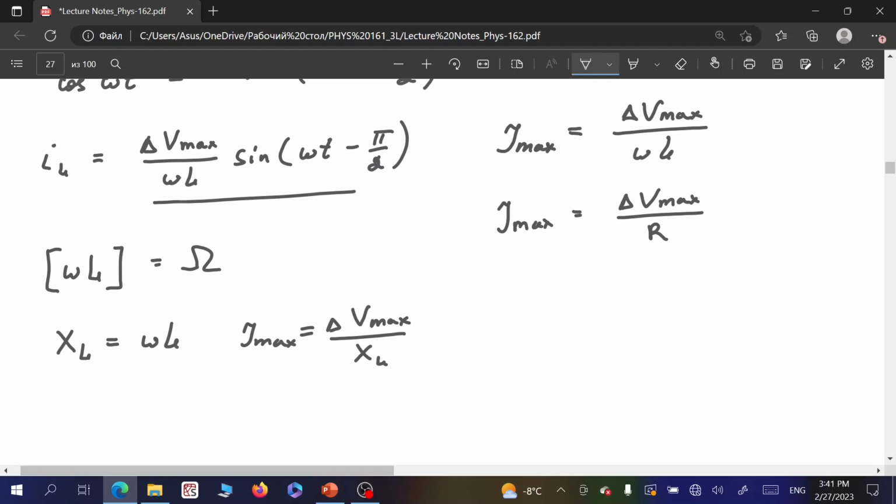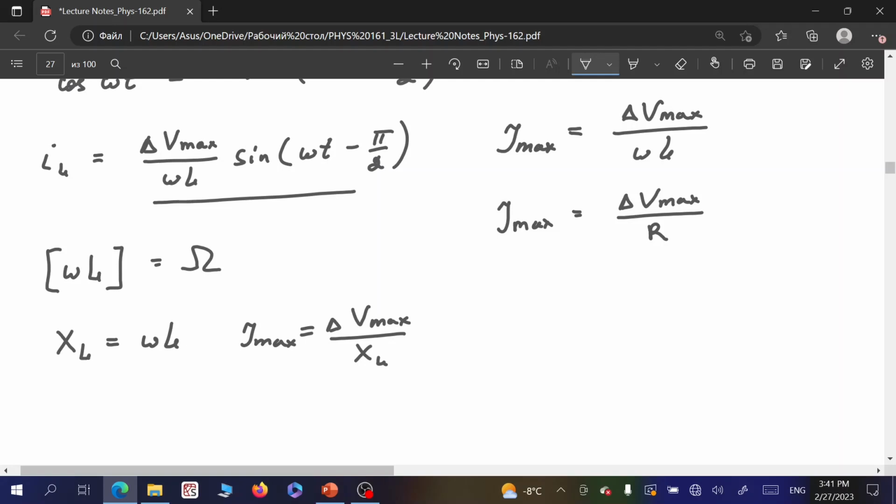We showed that the instantaneous voltage drop over active resistor is in the same phase as current which flows through this active resistor, and we introduced such new terms as phasors.